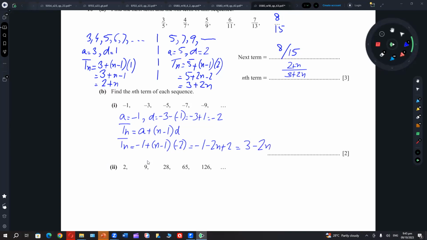Look at this working. We can't use a formula in part 2 because one number is not being added.